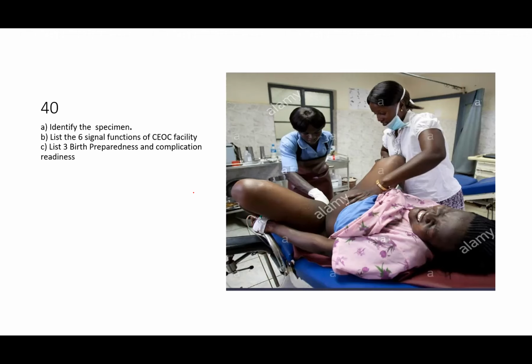Now, these three bets: birth preparedness and complication readiness. You see some people, one week after their wife delivered, will come and say they need money to buy ram. What is the implication? They did not prepare well, so they did not save money. Saving money is very important.